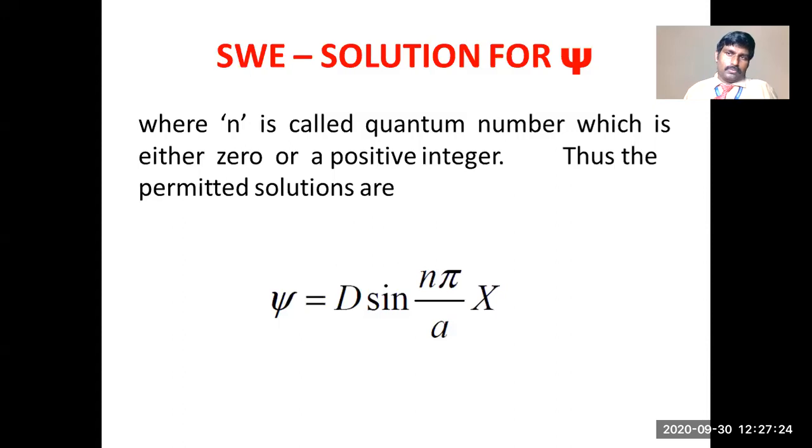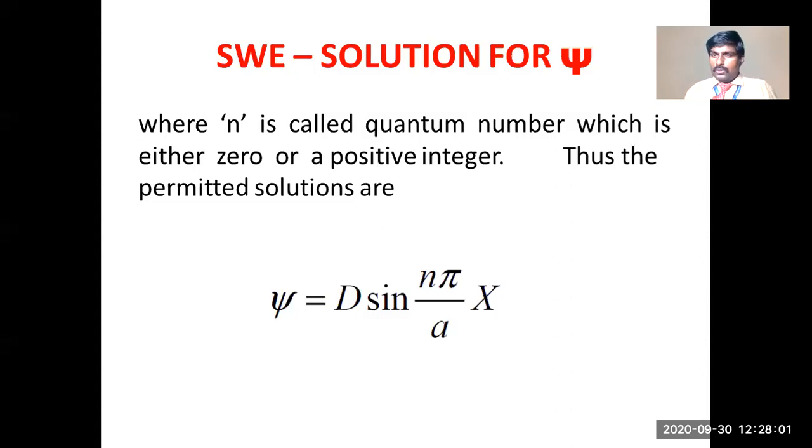Psi cannot be 0, because if psi is 0 there won't be an electron inside the box. That is the meaning. So there is no 0 orbit; n is 1, 2, 3, 4 only, and n is not equal to 0. That's what this equation tells us. Now psi equal to D sine n pi by a into x, where a is the length of the box, that is, x is equal to a.